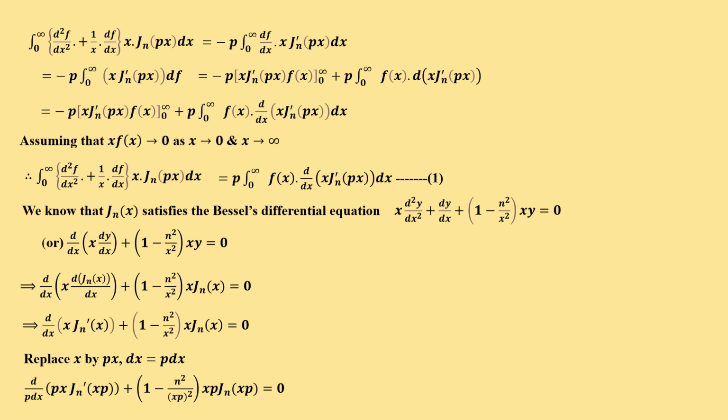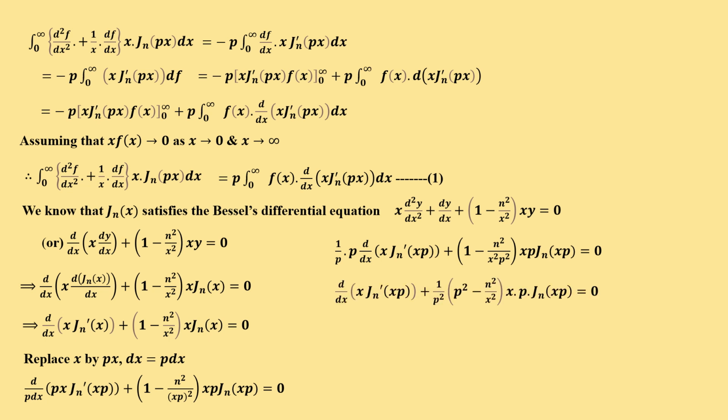So replace x by px: d/dx of x Jn'(xp) plus (1 - n²/(x²p²)) xp Jn(xp) equal to 0, taking 1 by p outside. Taking 1/p² outside: d/dx of x Jn'(xp) plus (1/p² - n²/x²) x Jn(xp) equal to 0.